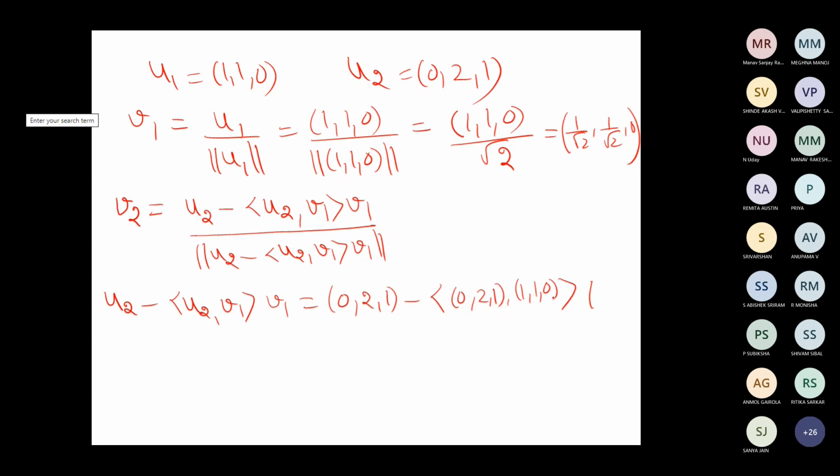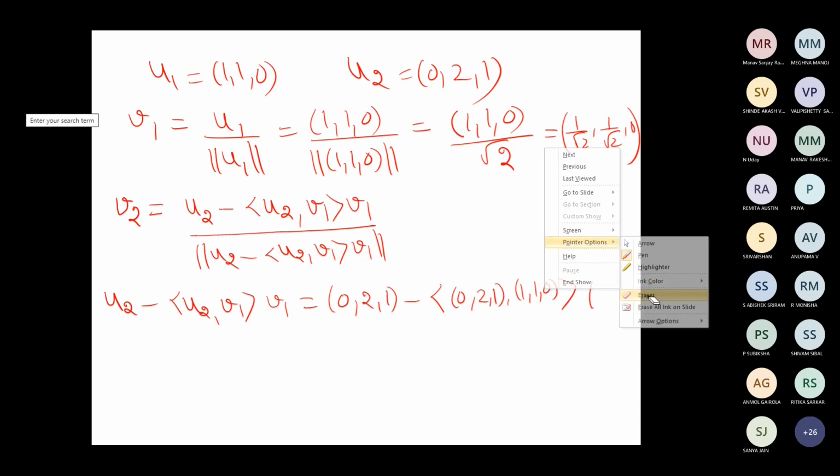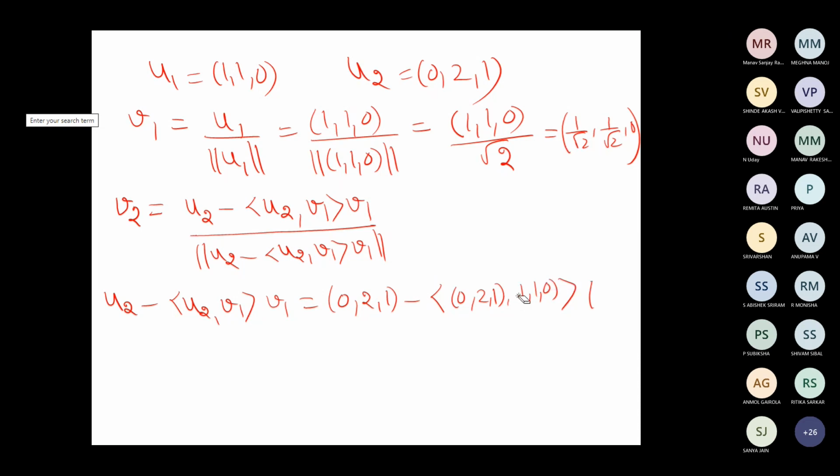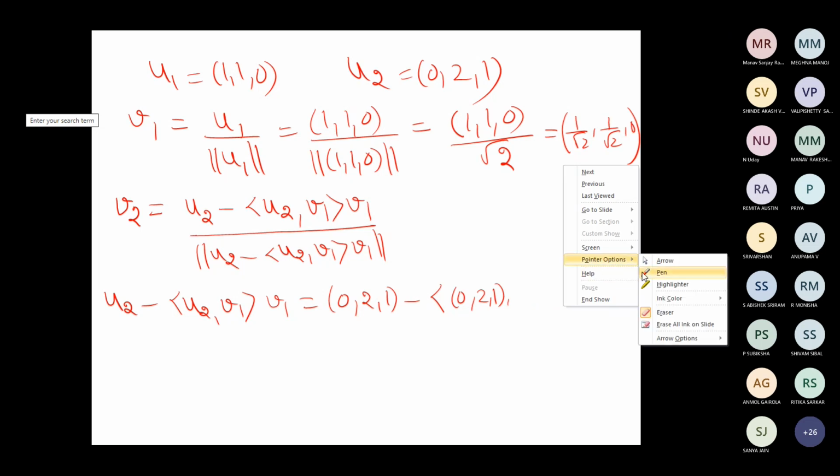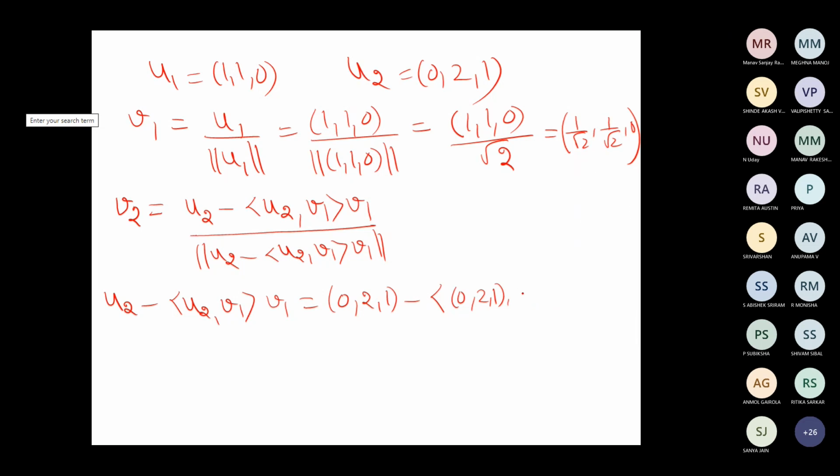Oh, sorry, here also I wrote wrong. V1 should be (1 by root 2, 1 by root 2, 0). Here I'll write V1, later we'll substitute. Again the same one, right? So (0, 2, 1) minus.